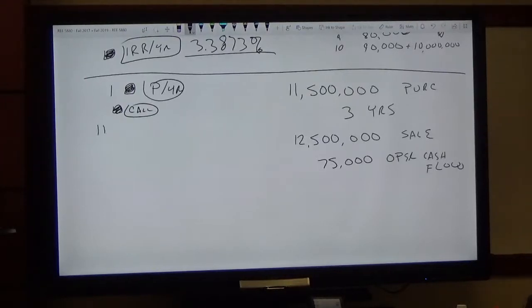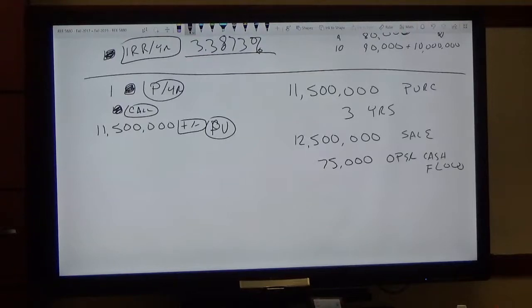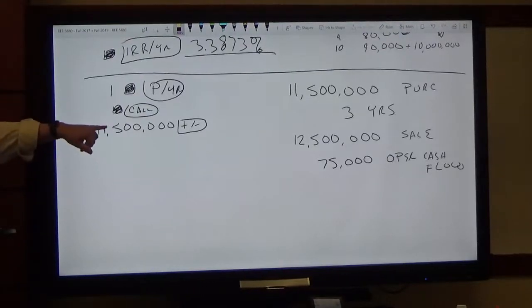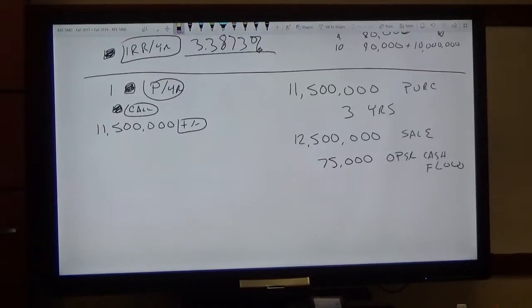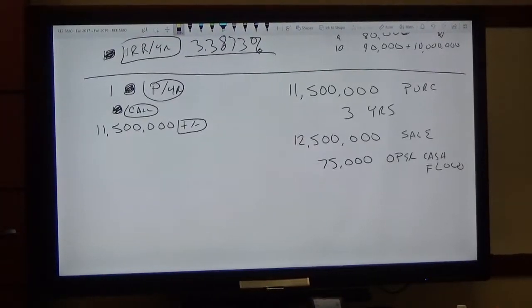All right, so 11.5 million. This is just, once again, reinforcing what we've already done. Actually, no, let me back up. Let's do it this way. Even though this is a constant payment amount, constant cash flow, I want you to enter this one as a cash flow as opposed to using present value, just to show that you can do it a different way.